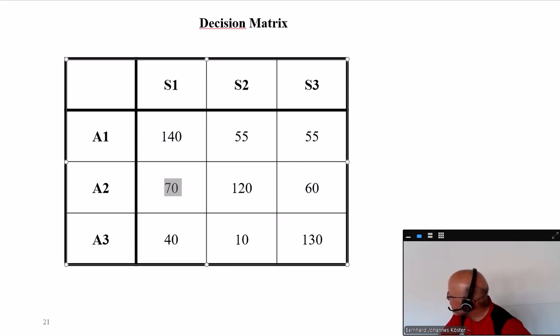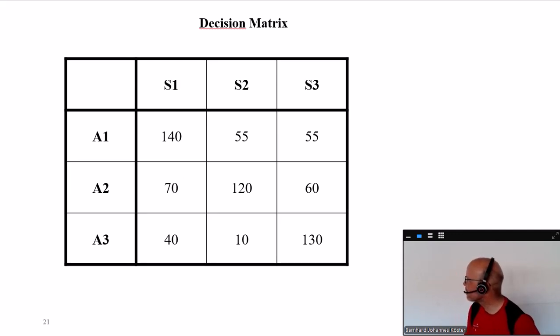Then 150 is larger than 140, 120 larger than 55, and 60 larger than 55. Then I would say that A2 is dominating. And this you would do in the first step with all alternatives vice versa. And maybe then at a starting point you could simplify your decision process a little bit.